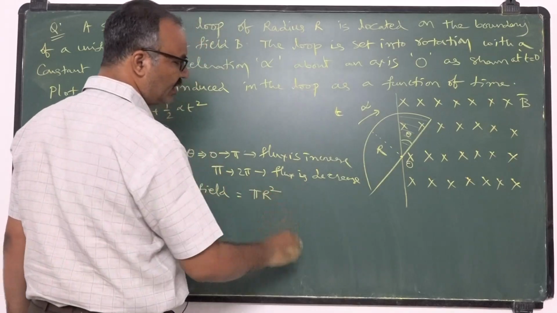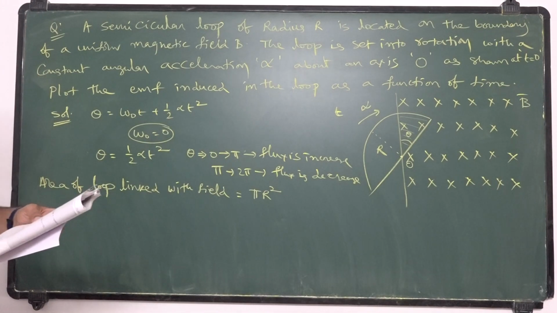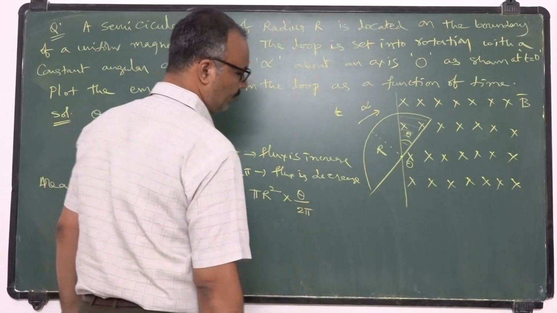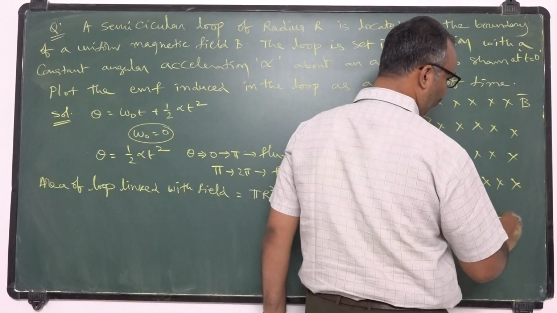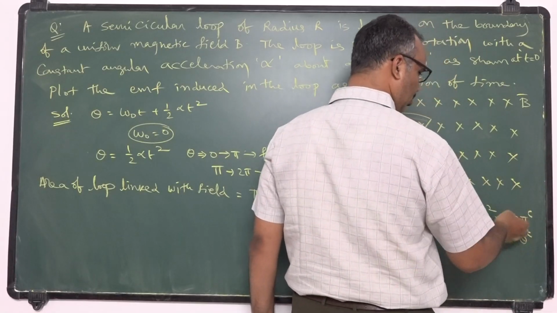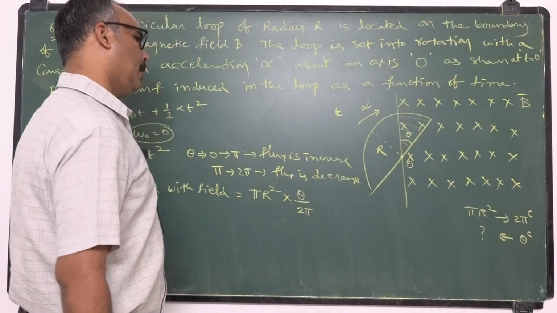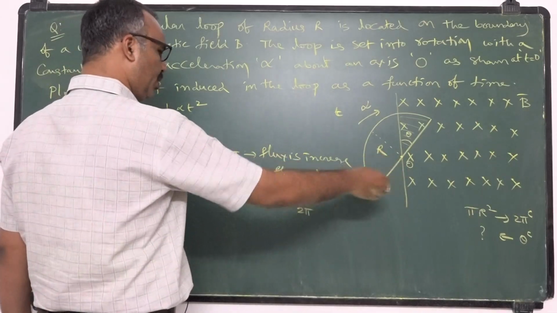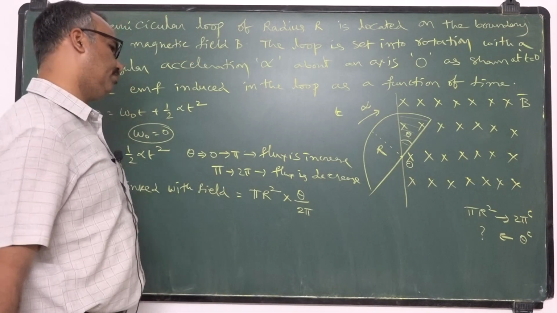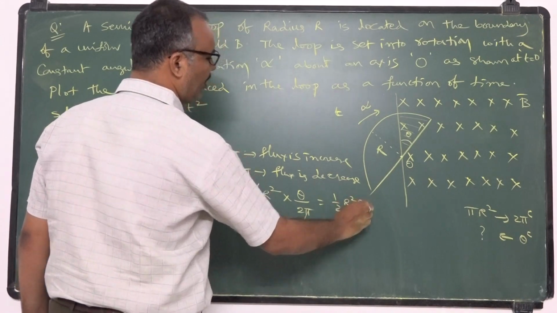This pi r square area is distributed over 2 pi radians. For theta radians, the area will be theta by 2 pi into pi r square, the area of the shaded portion. So pi pi gets cancelled. Half r square theta is the area linked.